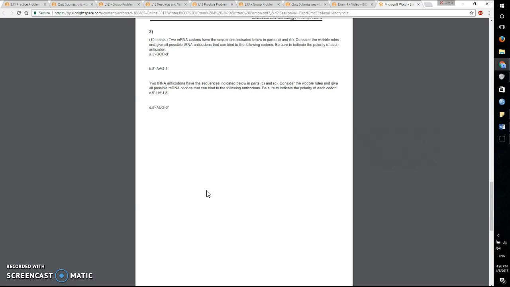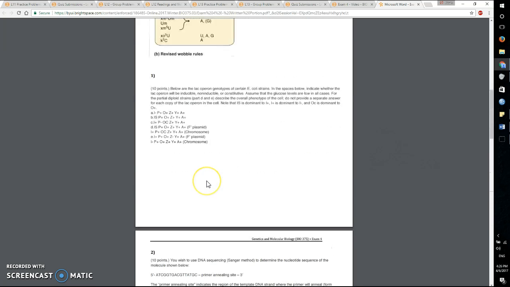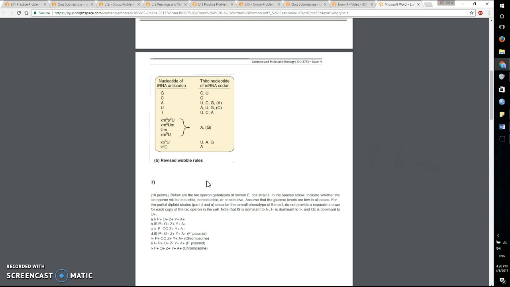So for A, there are 2 possibilities, which would be 3' CGG 5' and 3' CGI 5'. There are only 2, because if you look up at our modified rules here, it says when it ends in your C there, it can only be G.